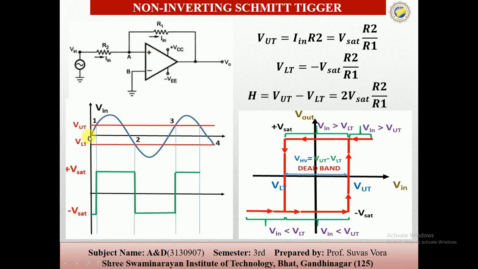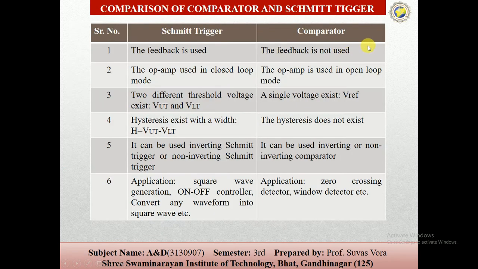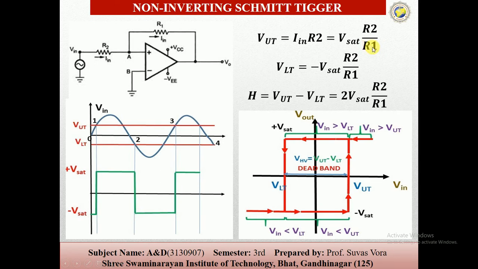Here again the upper and lower threshold voltages are set up, and we can find the equations for these. In this part the state does not change while Vin is greater than VLT. Then after this part, Vin is again less than VLT, and the state changes again. So this is the non-inverting Schmitt trigger.